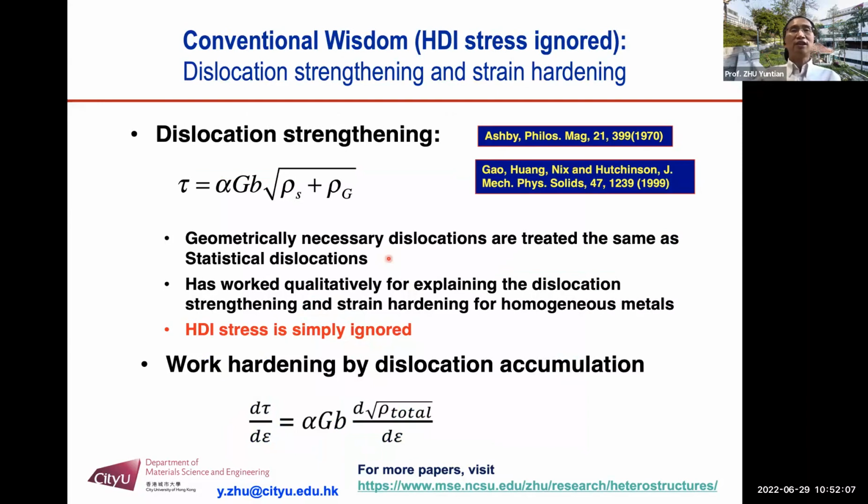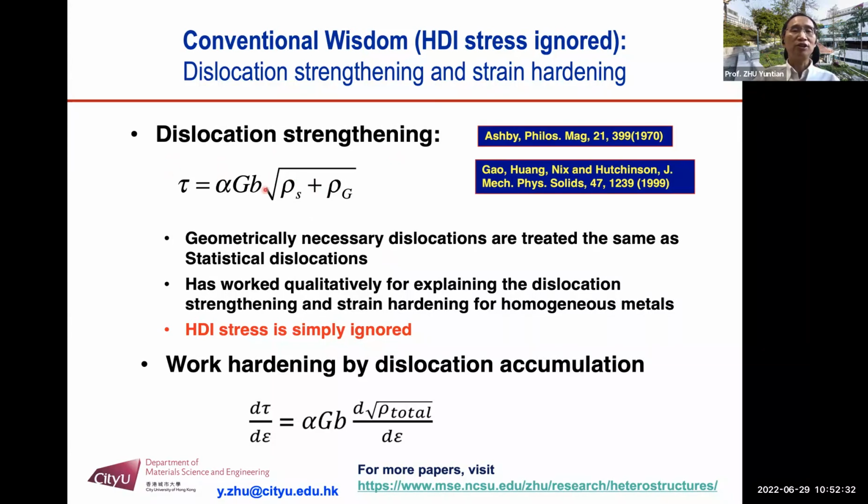In conventional materials, the grain sizes are not uniform either. They will produce some HDI stress because they are not totally uniform. However, their HDI stress is mostly ignored because it is so small. For example, dislocation strengthening using Taylor's equation.